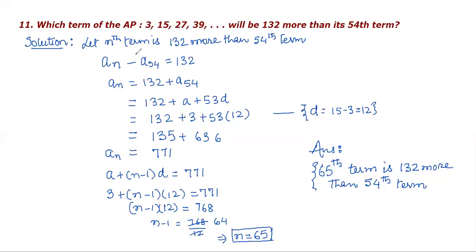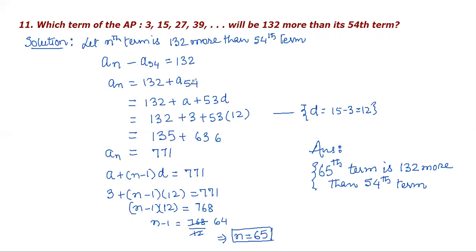So when lesser is subtracted from greater, you will get 132. An is the term that we want to find. This is bigger, and if we subtract the 54th term from it, we get 132 according to the question. Now let's take this a54 this side and apply the formula for the nth term here.